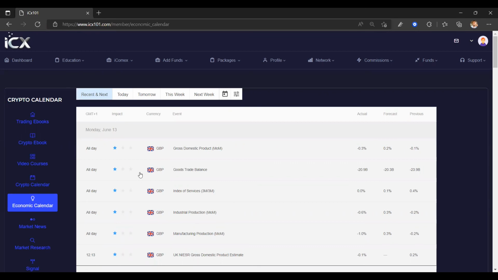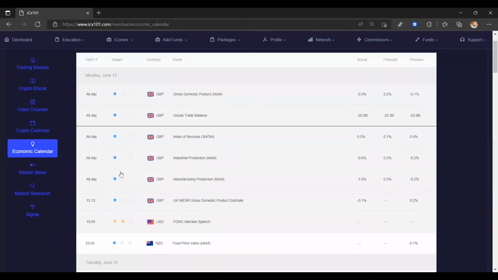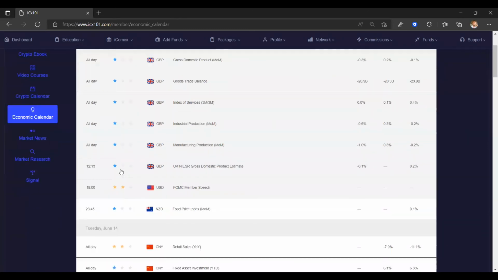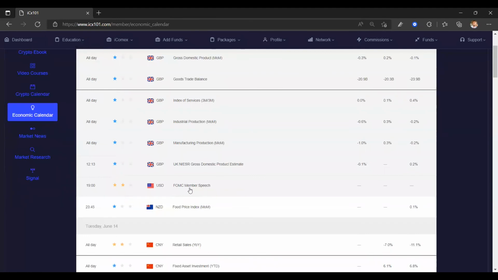Okay, so today, 13th, all day, we have the Great British Pound. Gross domestic product, and so on, but all of them are 1-star. That means they won't have much impact. Then we have a US dollar FOMC member speech. It was not read.